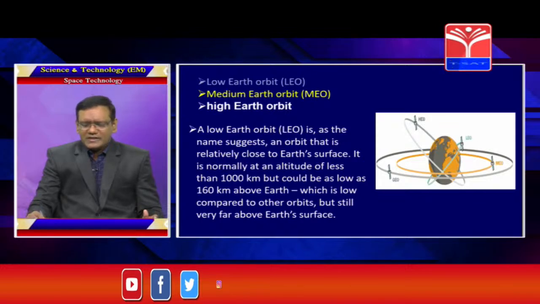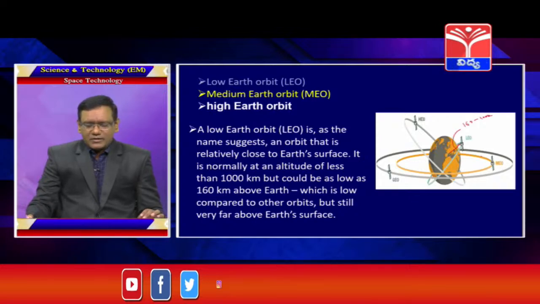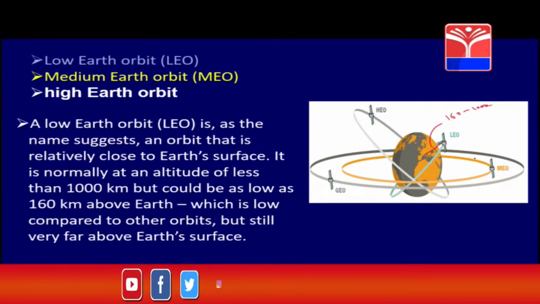If you look at this here, the height would be anywhere between 160 to 1000 kilometers. Any orbit that is between 160 to 1000 kilometers from the Earth, we call low Earth orbit.